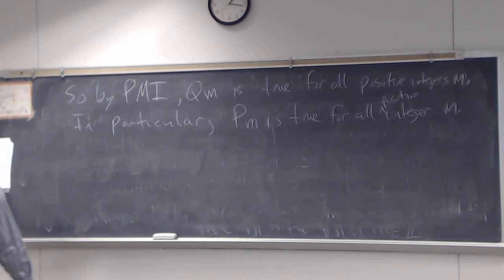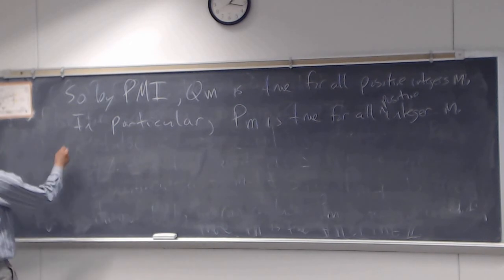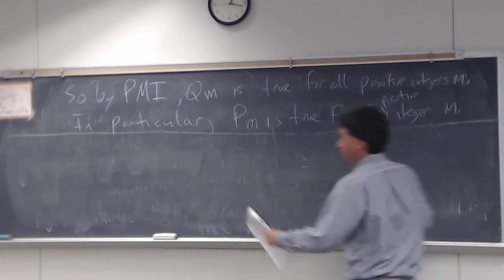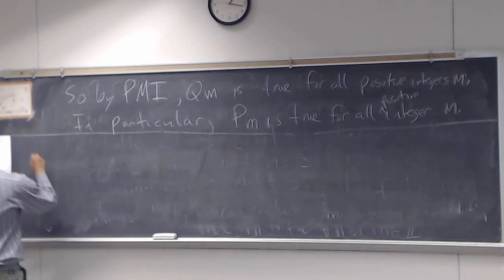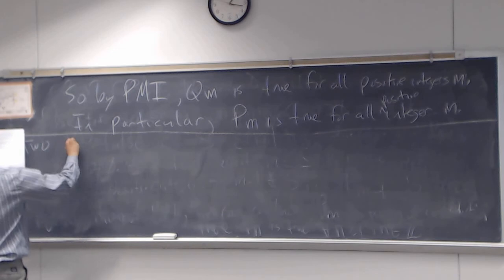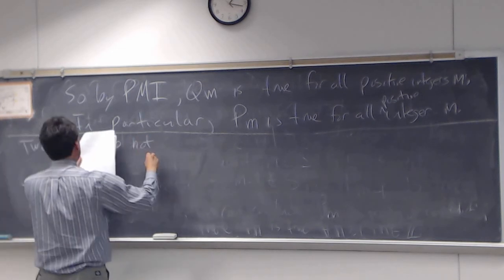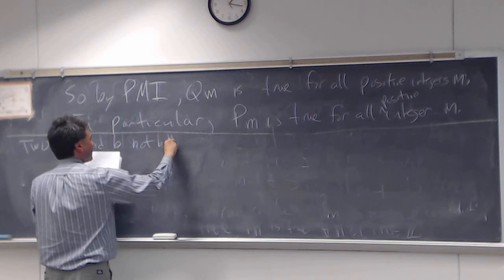So, recall last time we talked about division and divisors. And we have two integers, a and b, not both 0.